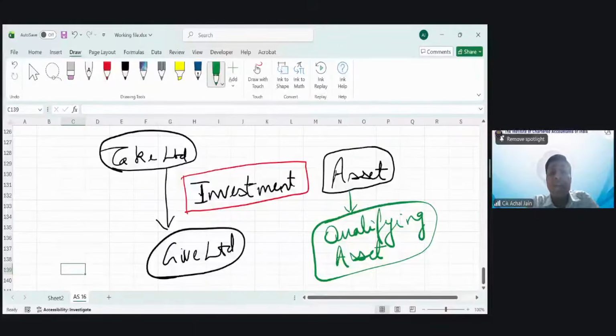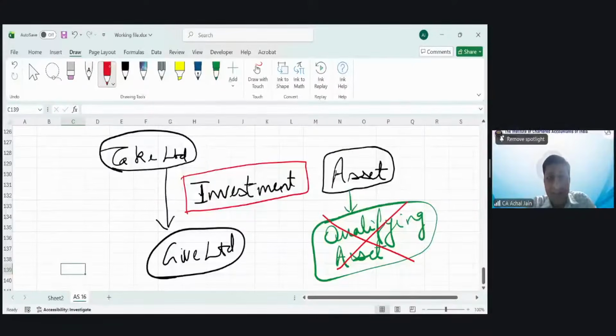Now tell me, will this investment qualify as a qualifying asset? Can we say investment is a qualifying asset? No, sir, because it is not taking more than 12 months to get ready. So you are saying it's not a qualifying asset, correct? Yes, sir.